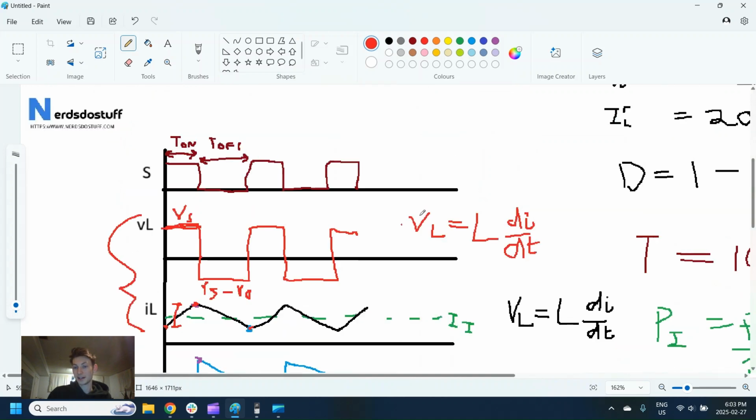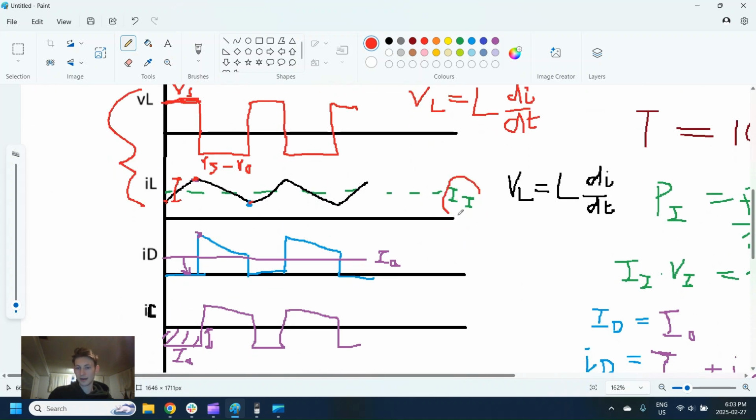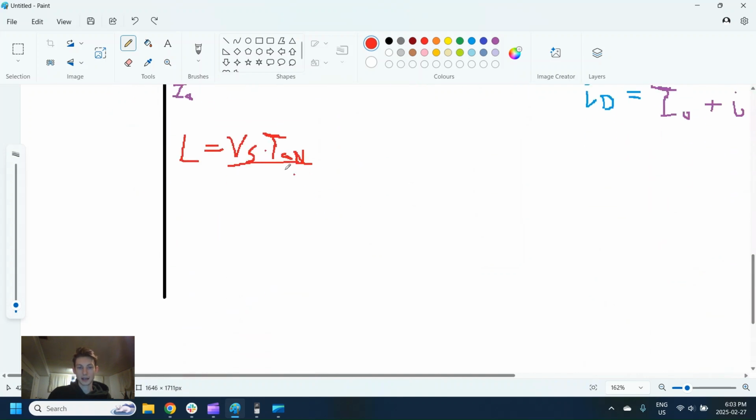And we've actually defined that. That is 20%. Well, 20% of what? It's 20% of our average, which is current in. So 20% of I in. So I'll write that here: 20% of I in, and that is the average input current.